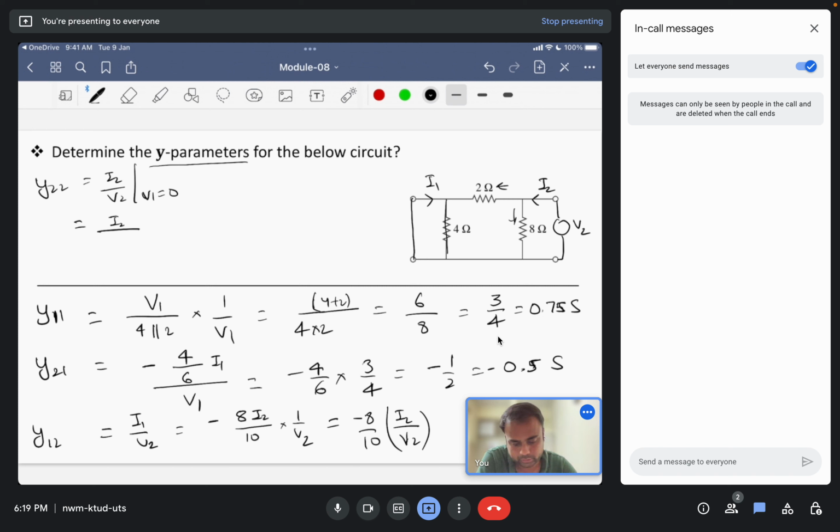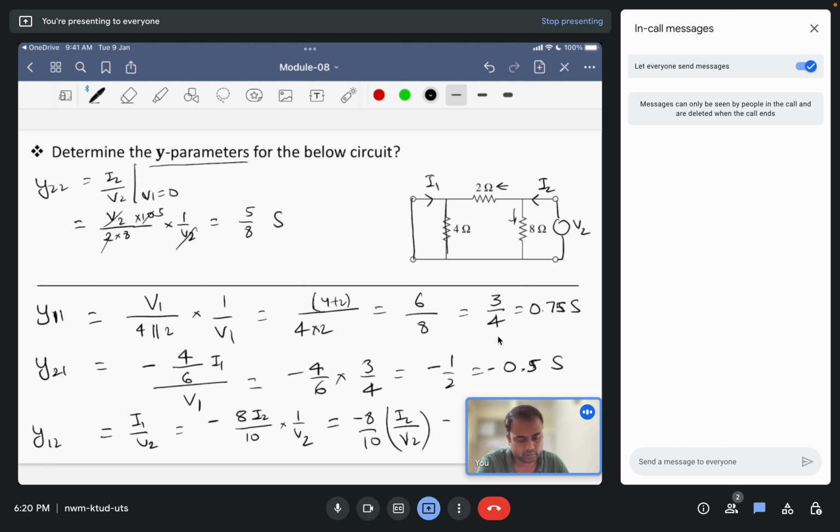So the total current I2 will be V2 divided by the equivalent resistance, that is 2 into 8 over 10, and divided by V2. V2 cancels, and this becomes 5 by 8 Siemens.